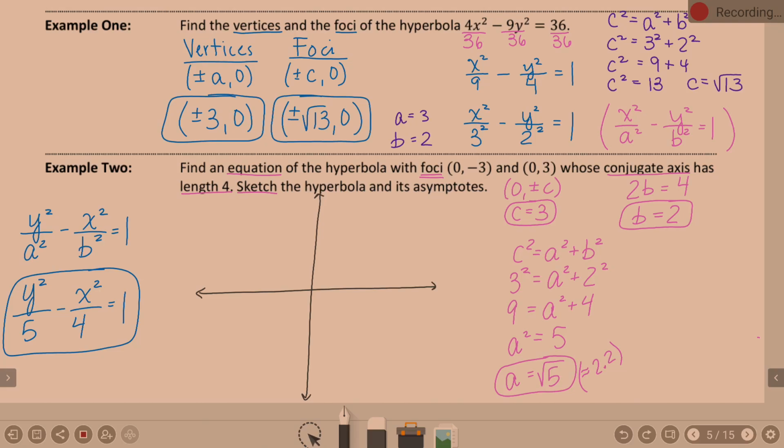The only place you really have to label is, I'm going to put tick marks about 3 out in each direction. I'm not going to use up my whole space, because I need to be able to work outside of there. So I have tick marks going 3 in each direction.